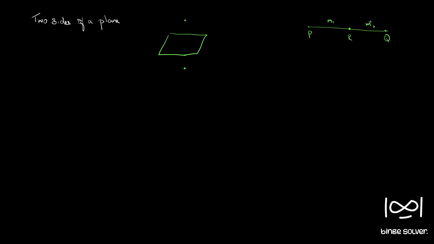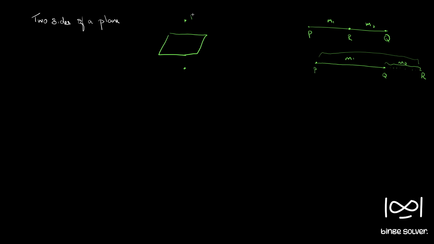And if we get m1 by m2 negative, then R lies outside, or R intersects the line externally. So say R is here, then m1 by m2 will be negative. We will be using this concept here also.